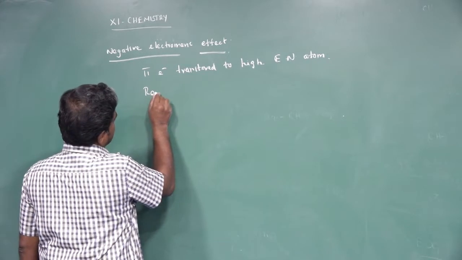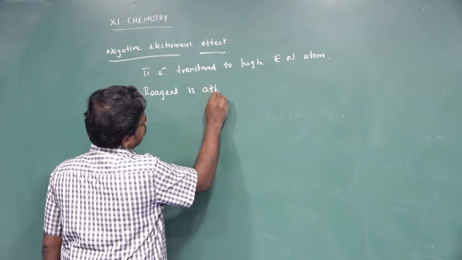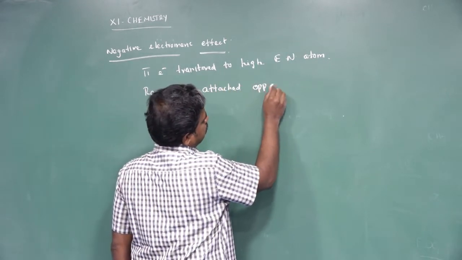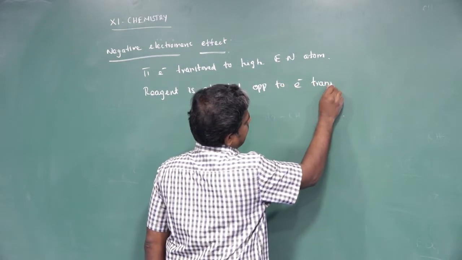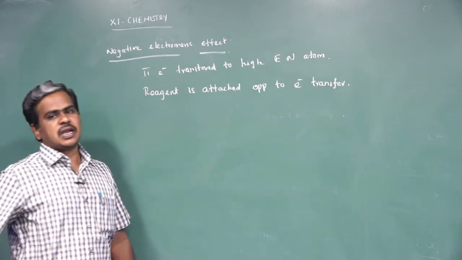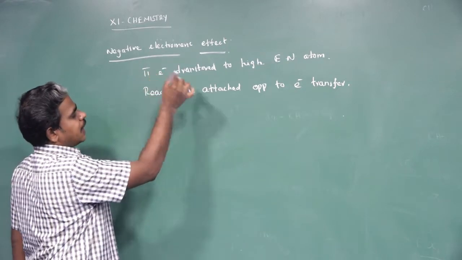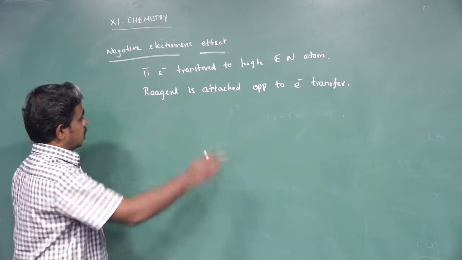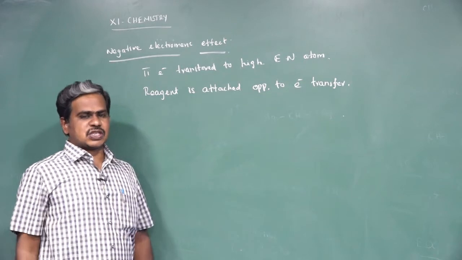So here the reagent is attached opposite to electron transfer, then it is known as negative electromeric effect. So the pi electron is transferred to the highest electronegative atom, and the reagent is attached opposite to electron transfer.